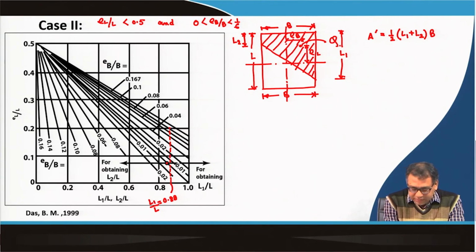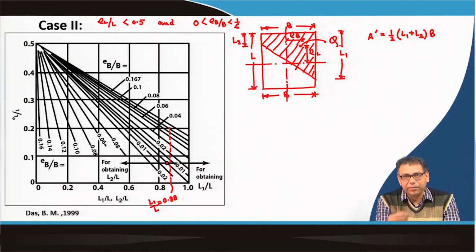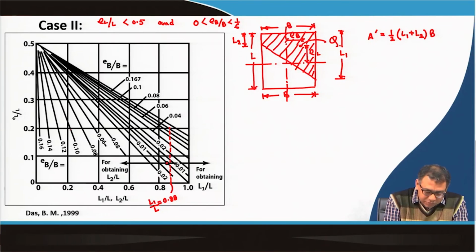Now, if I go above the straight line, the middle line that I have shown, then I will get L1 by L. If I go below, I will get L2 by L. So, L2 by L will be how much? This is 0.1, this is 0.1, this is 0.2, and this value is 0.22.